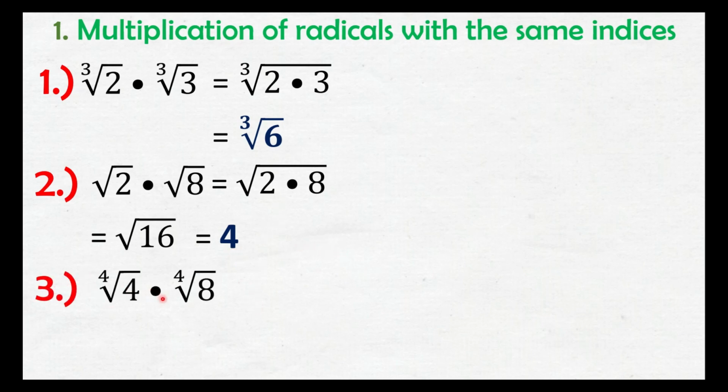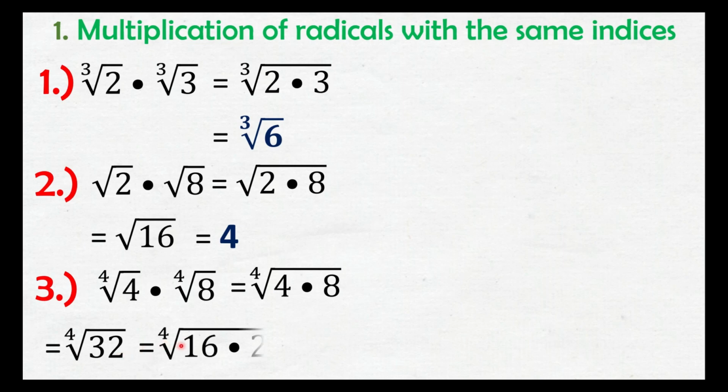Number 3, 4th root of 4 times 4th root of 8. Again, apply lang natin second law of radicals. That is 4th root of 4 times 8. And 4 times 8, that is 32. Let's factor 32 as 16 times 2. Hindi naman kasi perfect 4th power si 32, pero baka meron siyang factors na perfect 4th power.